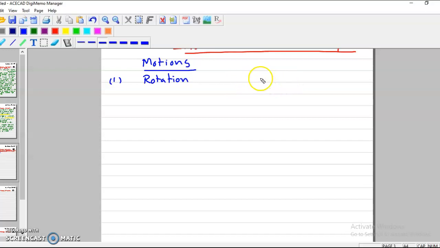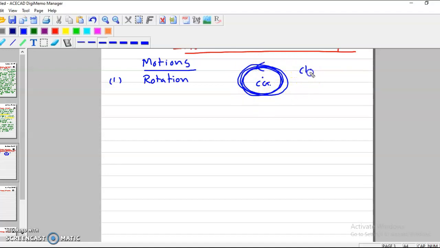So if we take this as a center point or center of gravity, then a molecule or electron or nuclei will rotate around this like this. This type of motion may be clockwise or anti-clockwise.